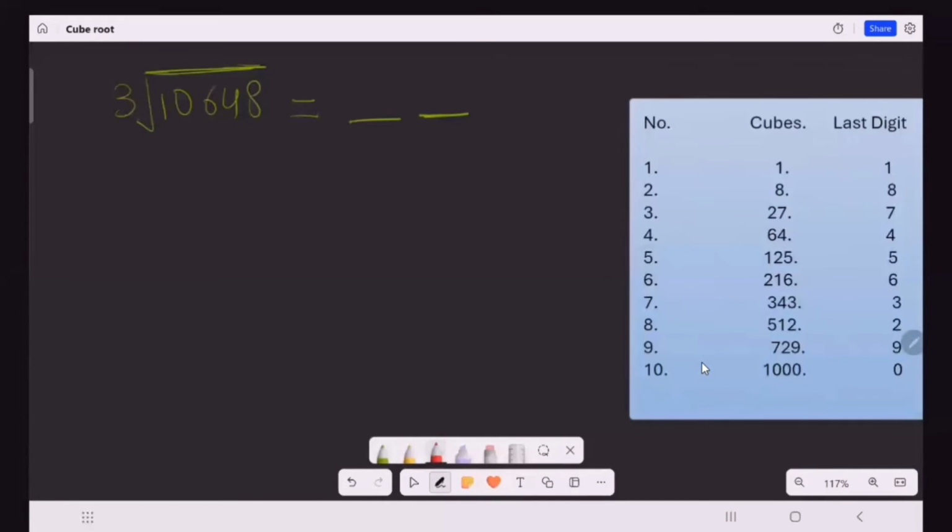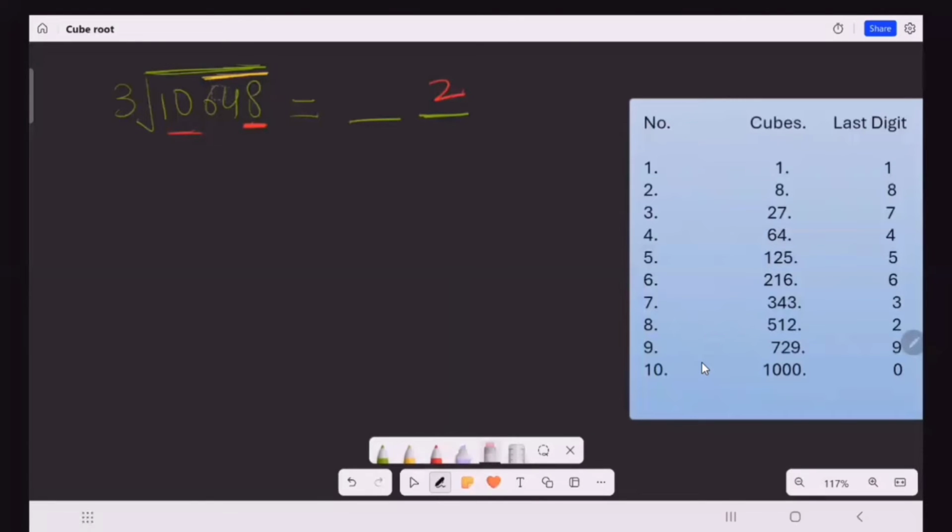Our first step is to look at the unit digit of 10648, which is 8. Now this 8 in our table, 8 is here. So the corresponding number of 8 is 2.